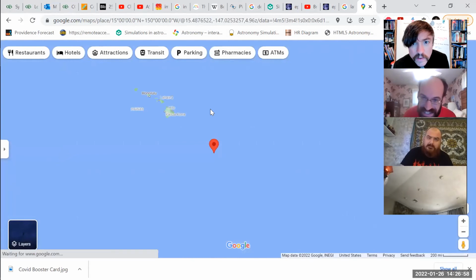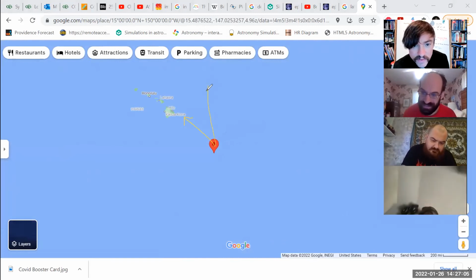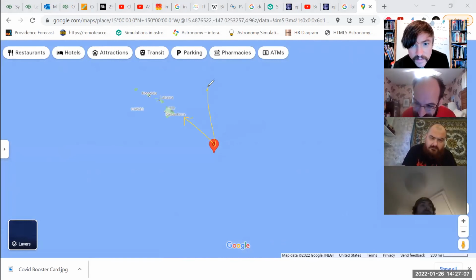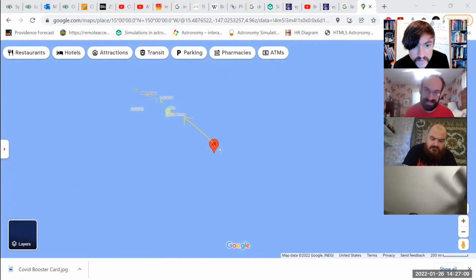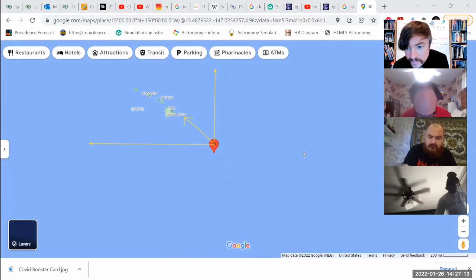Huh. Looks like our nearest hope for land is to go northwest towards Hawaii, because this is north, right? Oh, sorry. North is in that direction. West is in that direction.